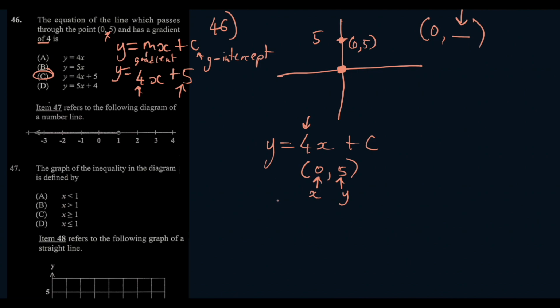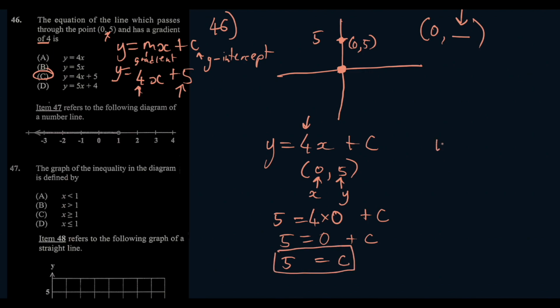Now if I replace this y with 5 and equal that to 4 multiplied by x, which is in this case 0, plus c. So 4 times 0 is 0. 5 is equal to 0 plus c. Therefore, this is equal to c. So I know the y-intercept is 5. I can rewrite the equation to be 4x plus 5. And that is your answer.